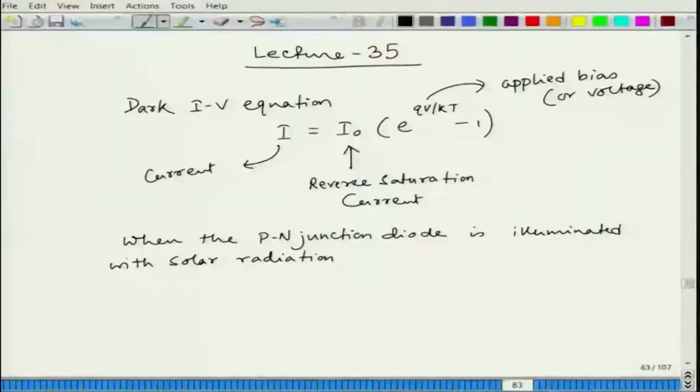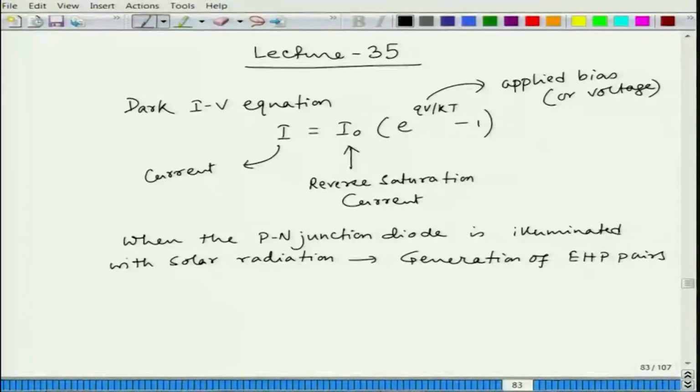The radiation which is already available through the sun, that is what we are going to use for conversion into electricity. So, when that happens, we have generation of electron hole pairs. This generation term G we have introduced in the continuity equation, but every time before using it we set it to 0, because there was no generation happening.